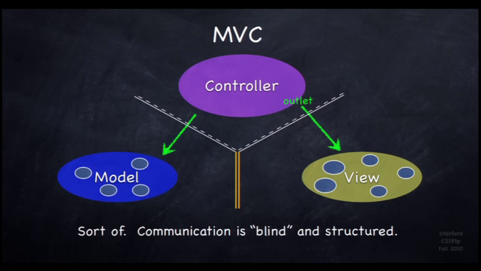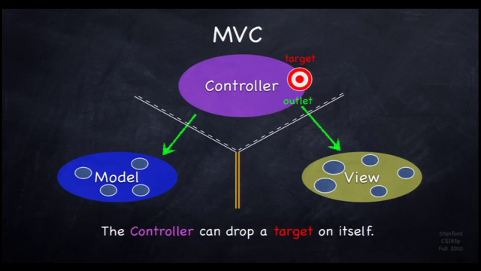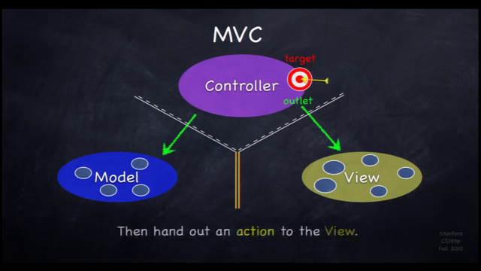I'm going to talk about the 3 primary ways that the view is going to talk to the controller. The first one is called target action. The way this works is the controller hangs a target up outside its window, and then it hands an action out to the view that it's interested in hearing from, like a button or a slider.